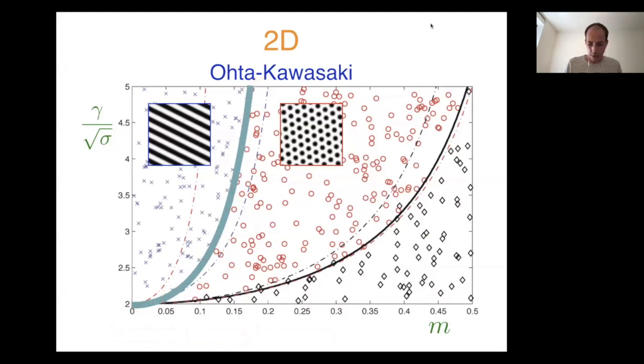What characterizes this curve? It's where the best possible stripes that you can find and the best possible spots that you can find have equal energy. So it's where you have the transition between the two different behaviors. I can already tell you that we can prove that there is this curve, and I will tell you in a moment how we do it.